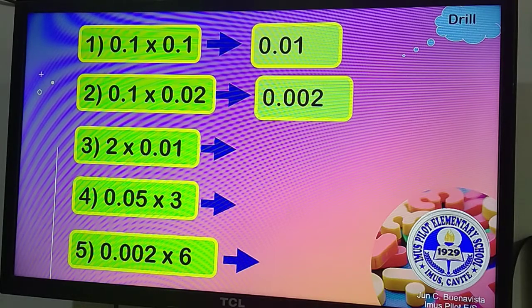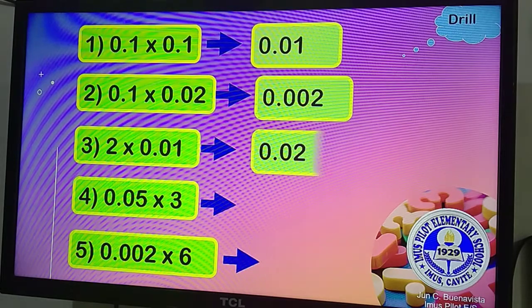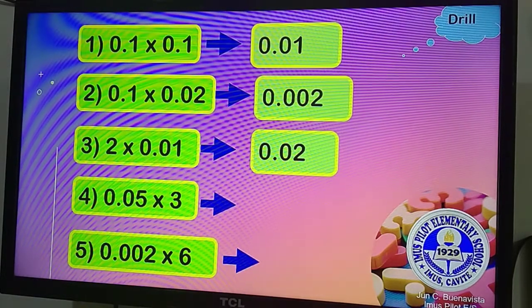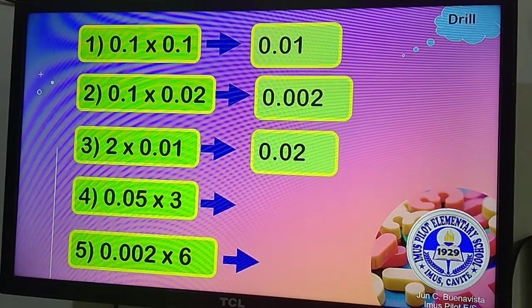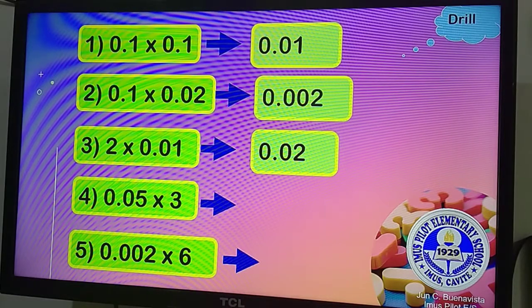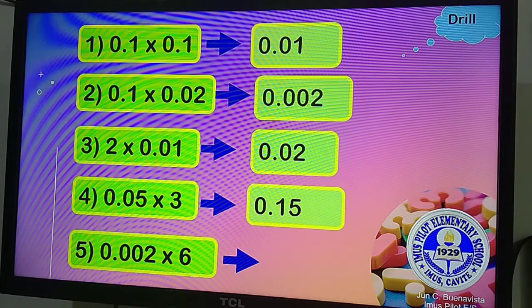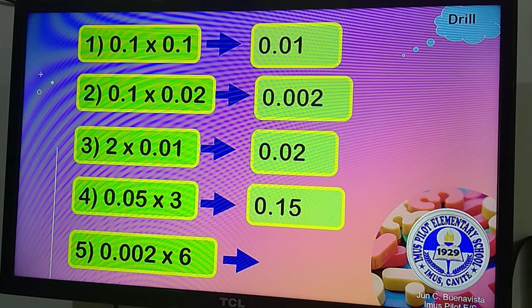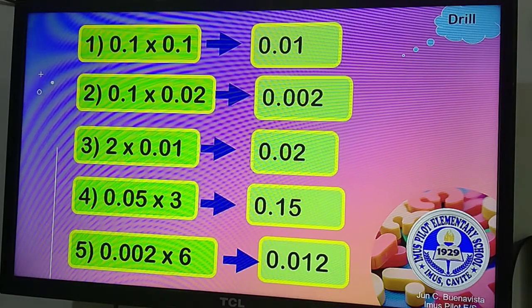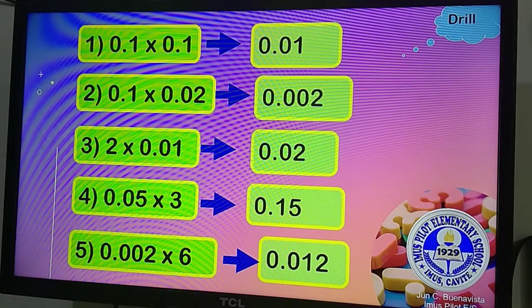Number 3: 2 times 0.1 equals 0.2. Number 4: 500 times 3 equals 1500. Then last, number 5: 2000 times 6 equals 12,000. Now, how did we get that answer?